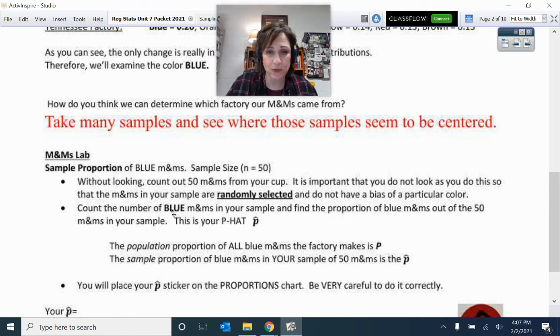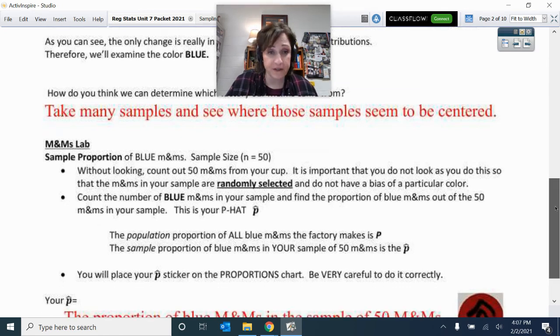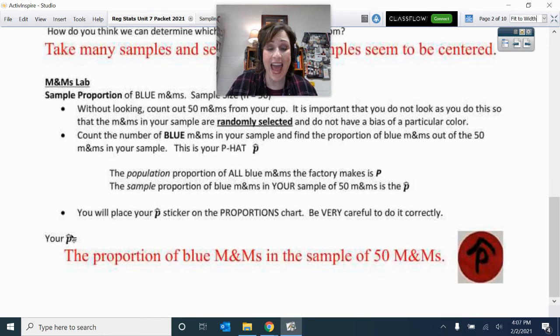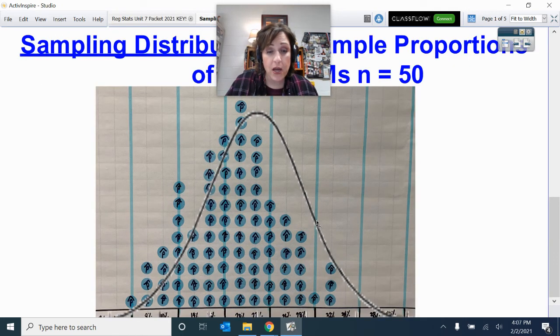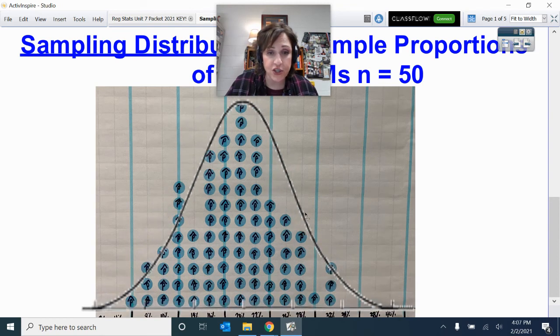And then you're going to count how many of yours are blue, and you're going to do that number of blue out of 50. So your p hat is going to be your proportion of blue M&Ms in your sample of 50.